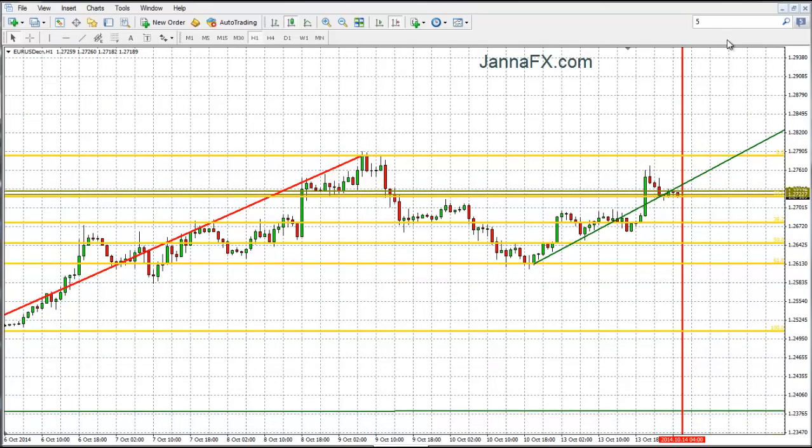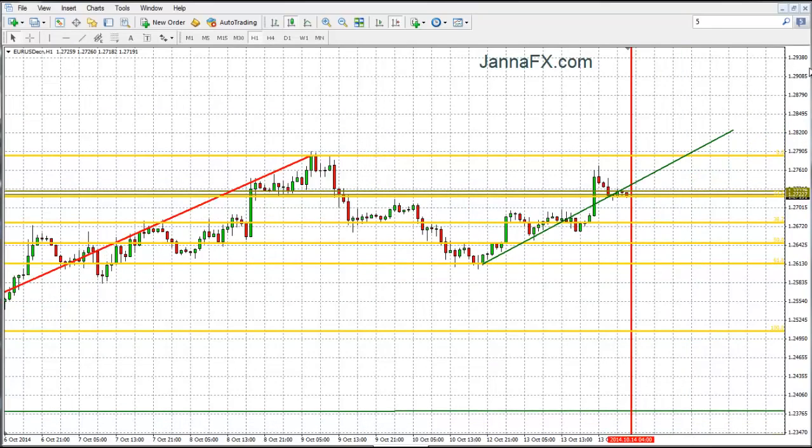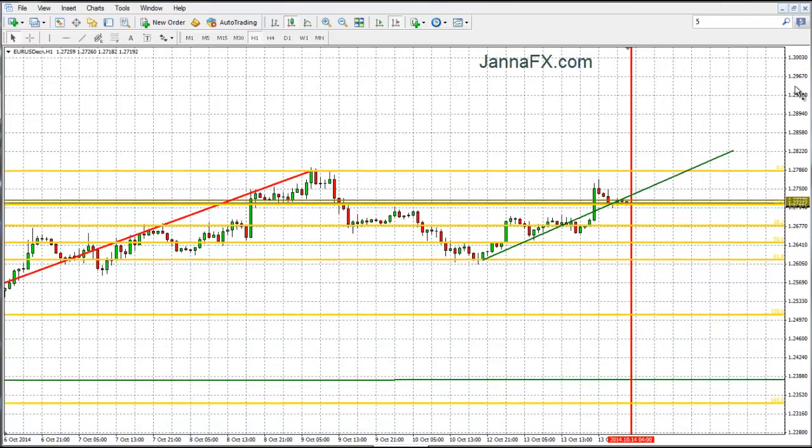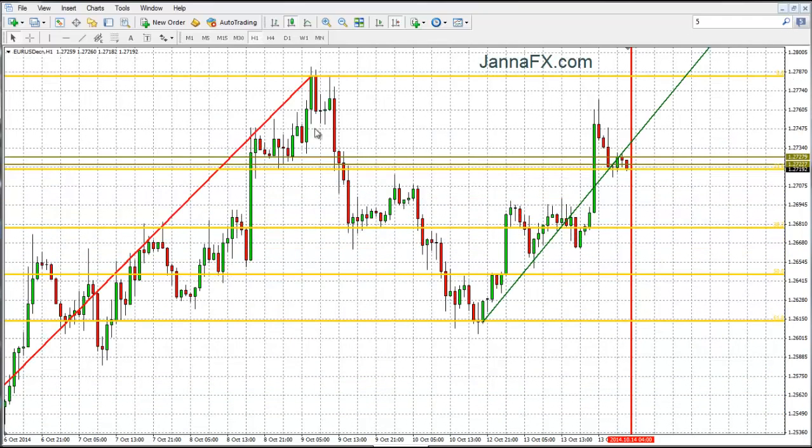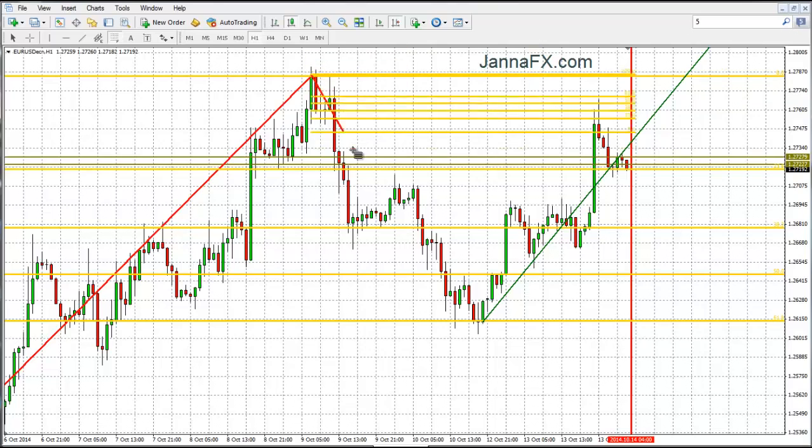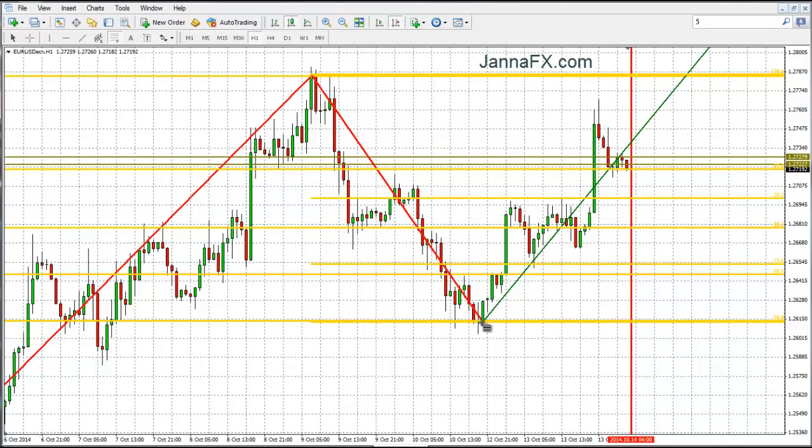And now we need to know where it will actually go, because we have no more lines up there. For that, we're going to draw another Fibonacci retracement, from the top of the downtrend to the bottom of the downtrend right here.